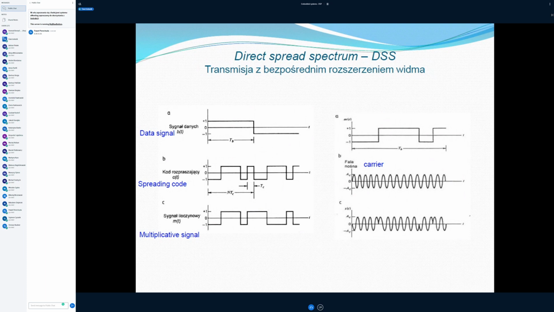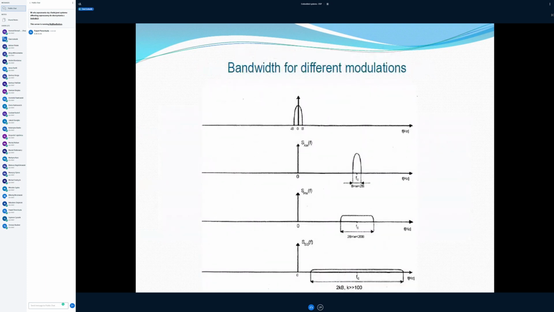Because if we can widen very much the spectrum of our signal, and in the meantime we diminish the energy, we can hide the information in the noise, because the information itself has a character of a noise.